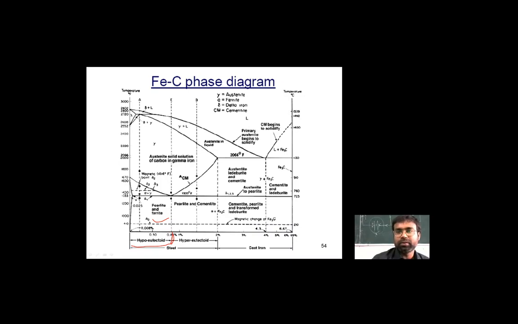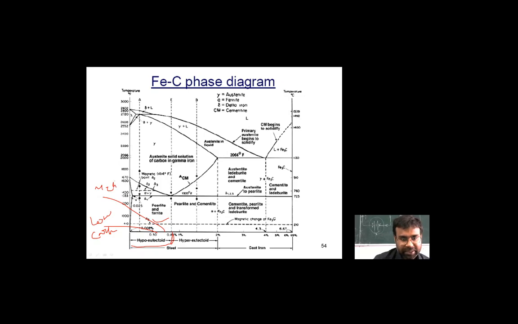So the hypereutectoid and the hypoeutectoid basically show the steel range. As you can see, the hypoeutectoid lies in the low carbon steel, and also contains the medium carbon steel as well.